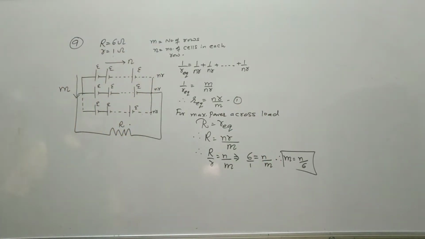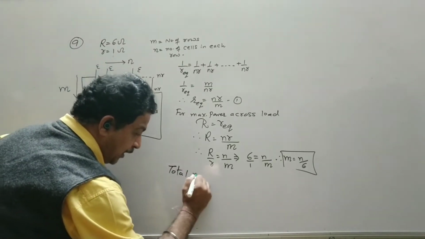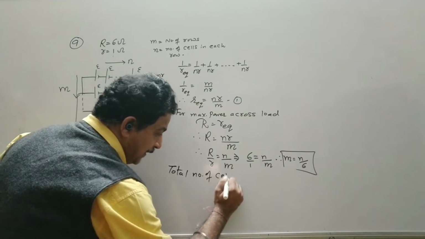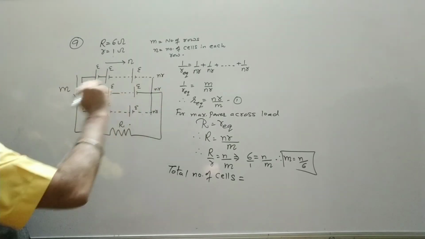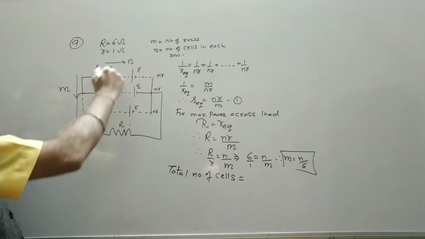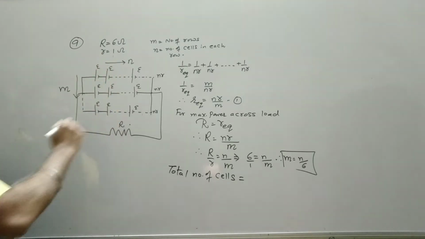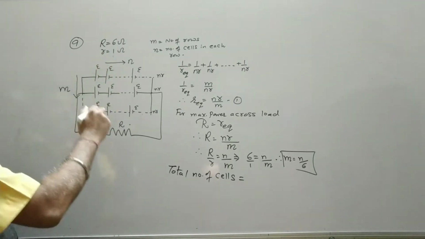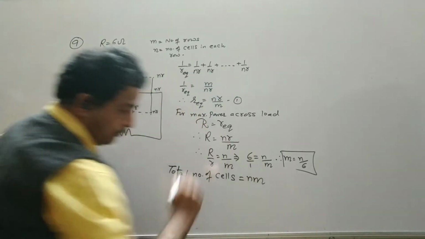Now, how will you write the total number of cells? We have n cells in each row. Suppose I take 3 cells in each row and we have 3 rows. So 3 plus 3 plus 3 is 9, so it should be equal to n into m.